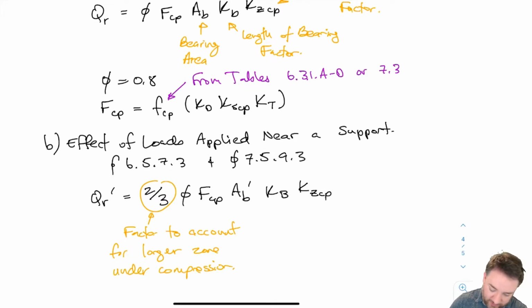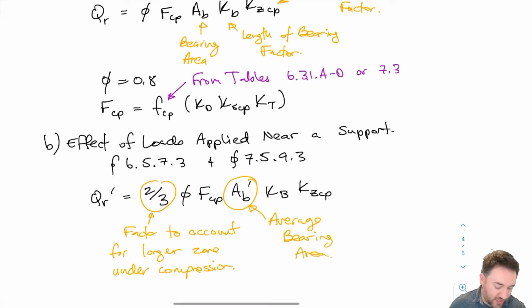And the other difference that we have is AB prime, which is a combined average bearing area. And we need to calculate an average area because there's 2 bearing surfaces now. There is one on the top of the member and there's one on the bottom of the member, and they may not be the same size.